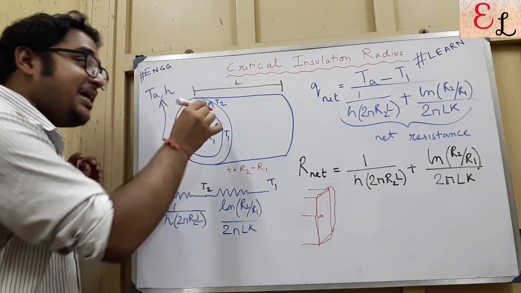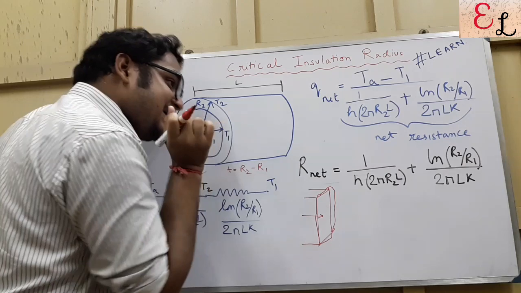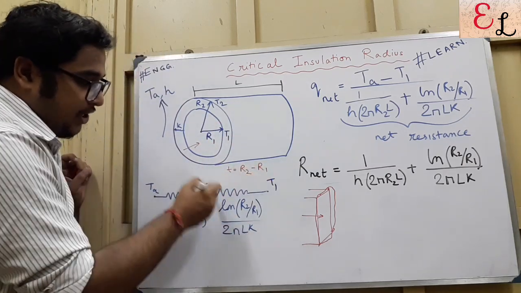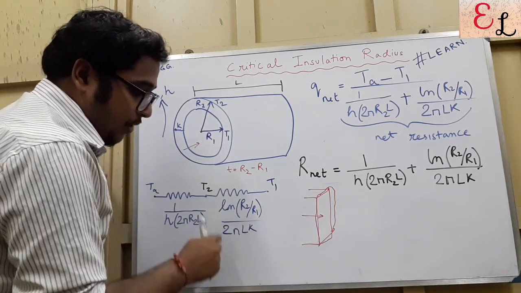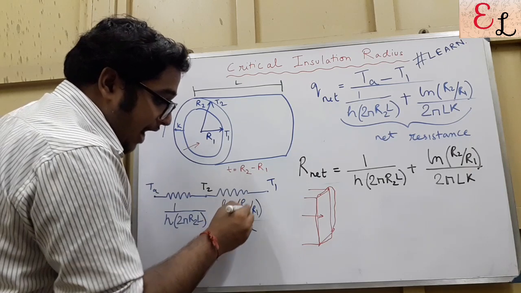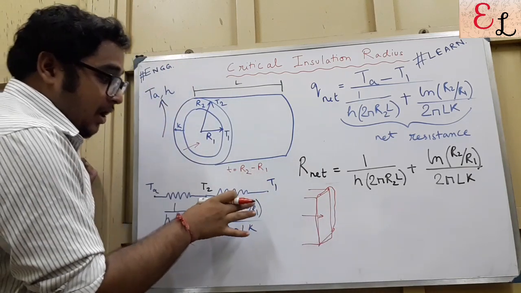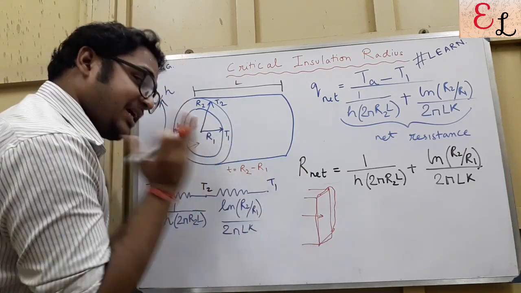But here with the increase in the insulation thickness, though it is decreasing the conductive loss, because you see from T1 to T2 it is having a resistance of ln(R2/R1) by 2 pi Lk. So if R2 is increased, that is the radius of insulation is increased, the resistance to the heat flow is increased and conductive heat transfer is decreased.